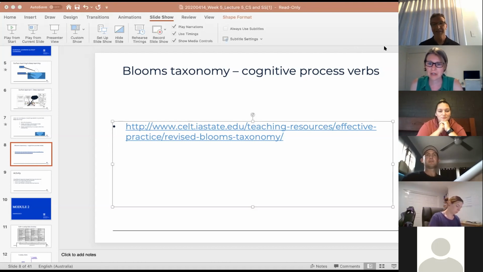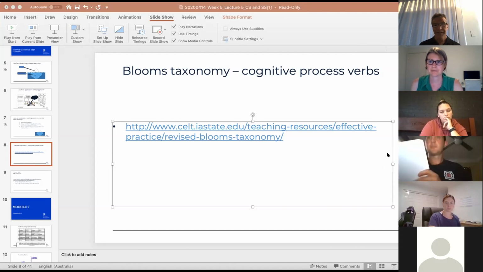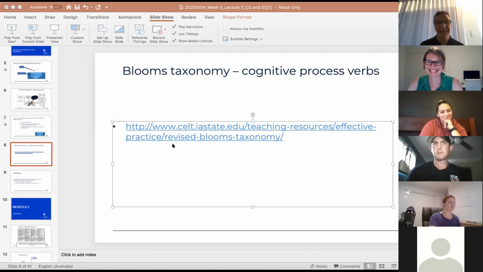Sorry, it's through the chat box, so people should have a JPEG file of the Bloom's taxonomy. Okay, so if we click on that, we get that? Yes, thank you. Okay, some people have got that. Okay, so can you see that on my screen? Nope.